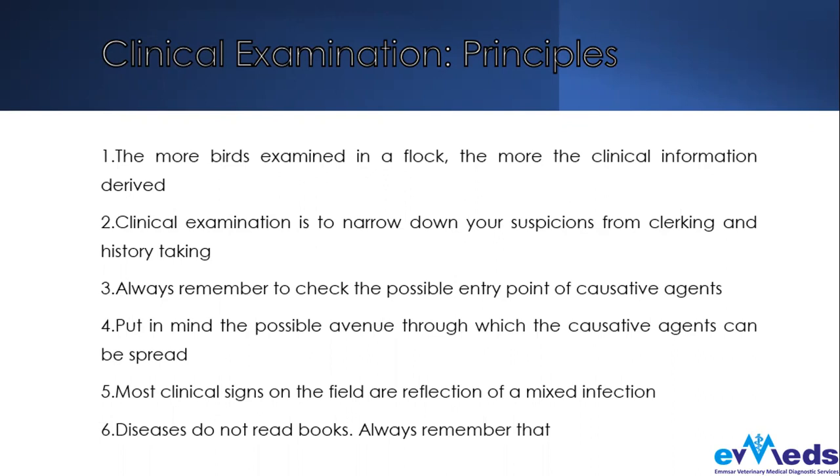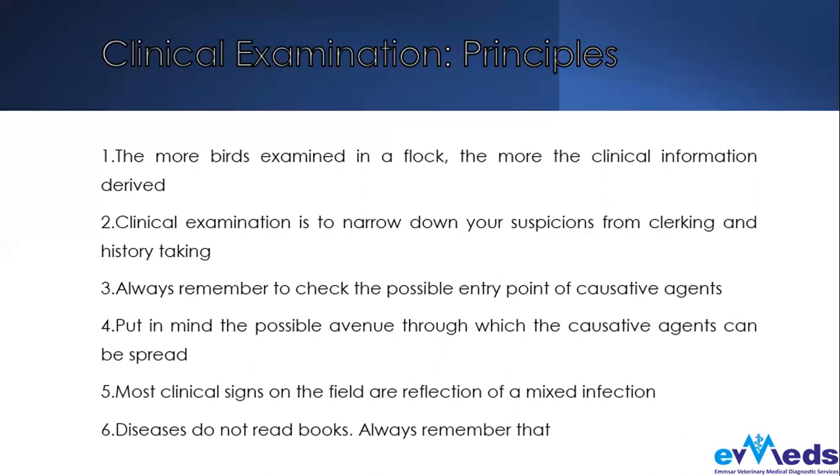Then, diseases do not read books. Always remember this, so that you will not say, because you have seen swollen eyes, sneezing, coughing and rales, and then you are seeing diarrhea, no, with what I'm seeing now, this is not pointing towards anything that looks like infectious bronchitis.